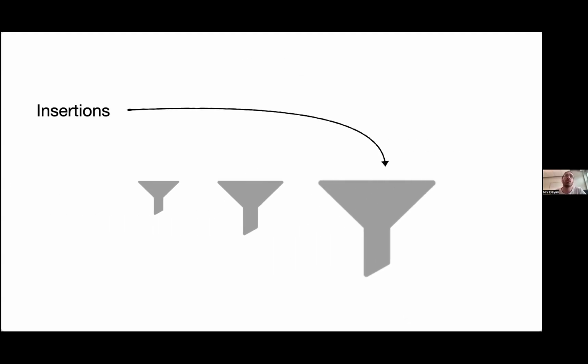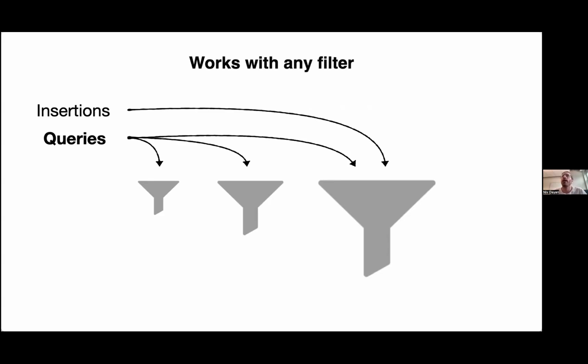All insertions of new data can go into the largest filter that we just allocated. But there's a clear downside here. And the downside is that queries now actually have to search each one of the filters in order to find a given key.